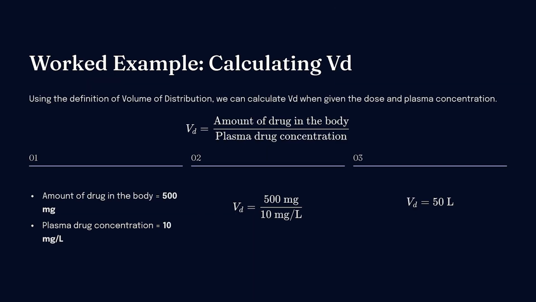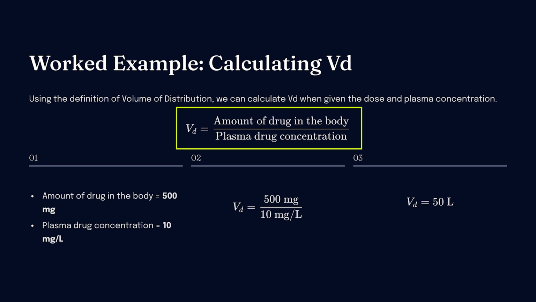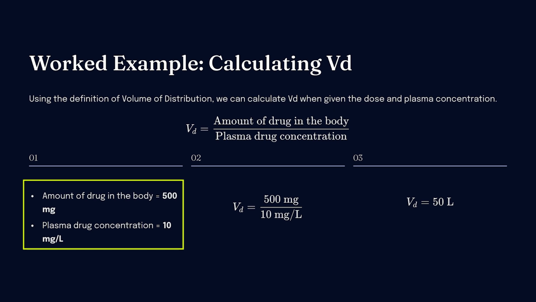Worked example: calculating VD. Using the definition of volume of distribution, we can calculate VD when given the dose and plasma concentration. Volume of distribution is equal to the amount of drug in the body divided by the plasma drug concentration.